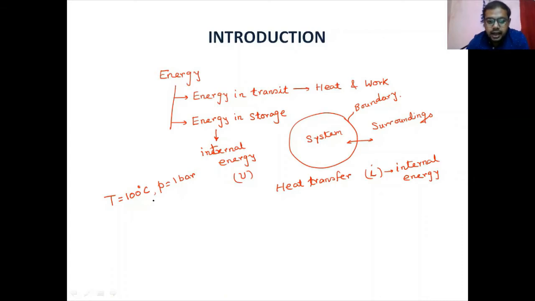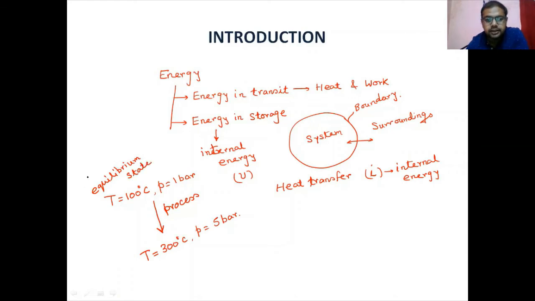Now I allow the system to undergo a process, and in this process the temperature increases to 300 degrees centigrade and pressure also increases to 5 bar. So now it is a different state, but both are equilibrium states: the initial equilibrium state and the final equilibrium state.